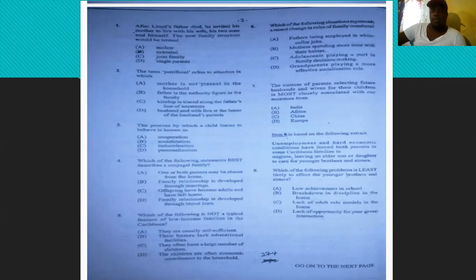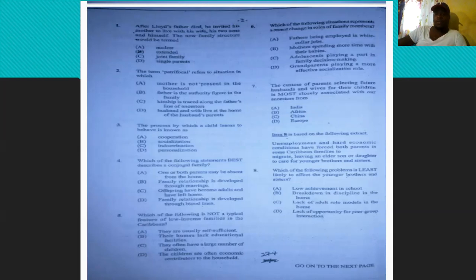Number six, which of the following situations represents a recent change in the roles of family members? So we look at non-traditional roles now. A, fathers being employed in white-collar jobs. B, mothers spending more time with their babies. C, adolescents playing a part in the family decision making. Or D, grandparents playing a more effective socialization role. Right? Three are traditional, one is non-traditional.